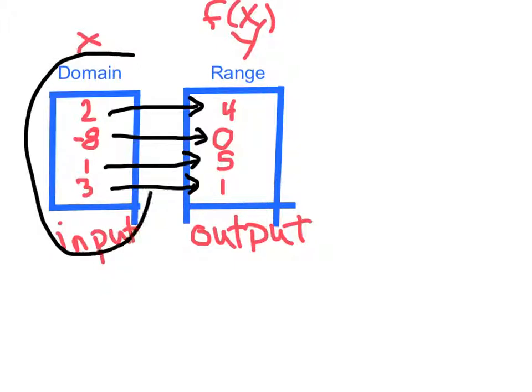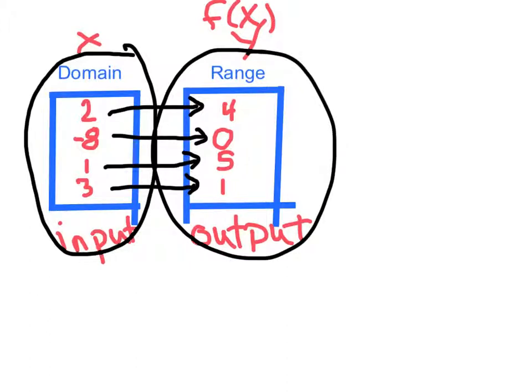So what I'm most concerned about is that all of these x's right here have only one y to go to, okay? And that nothing overlaps. We don't want to have, let's say we had a 2 here on this side, and then we had another 2, and the output was a different number, not 4. So it was like 5.